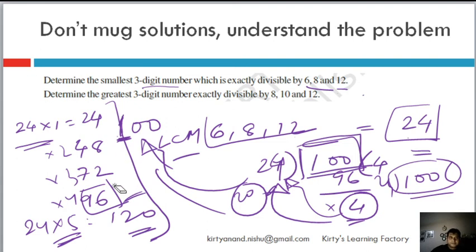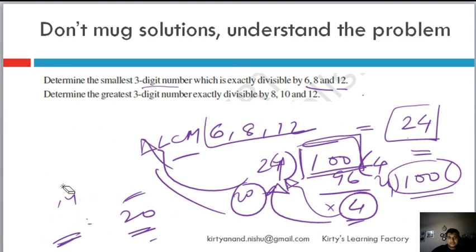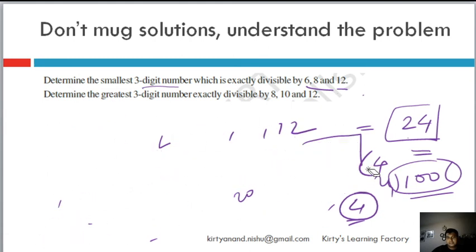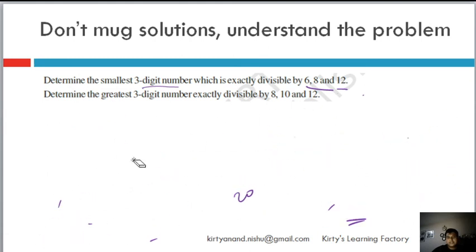Now some might argue, okay boss, this one is fine, but what if I am asked for a 5-digit number, a 6-digit number, then what will I do? Absolutely, I am with you, but understand why the method is like that.